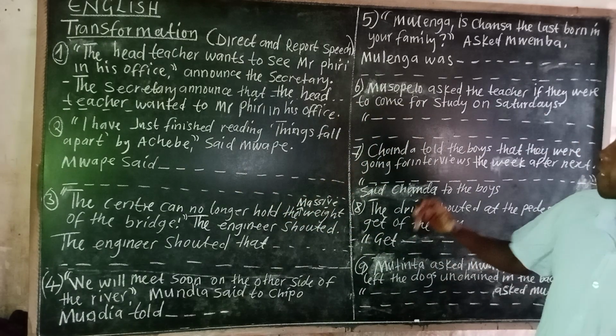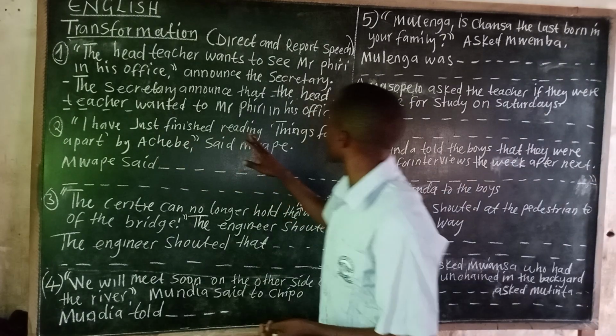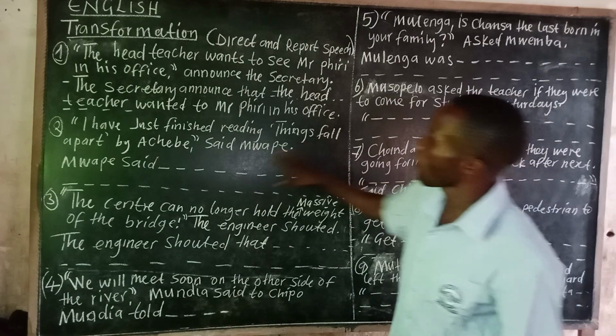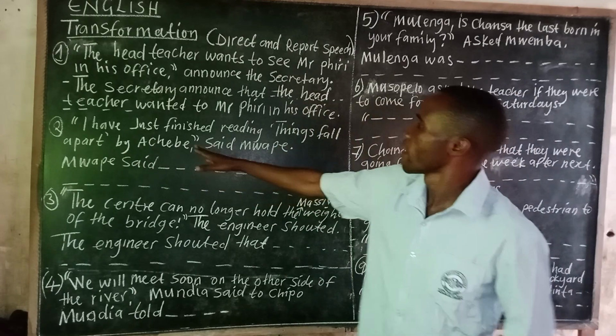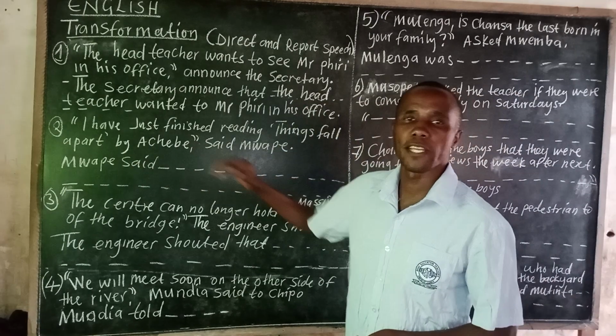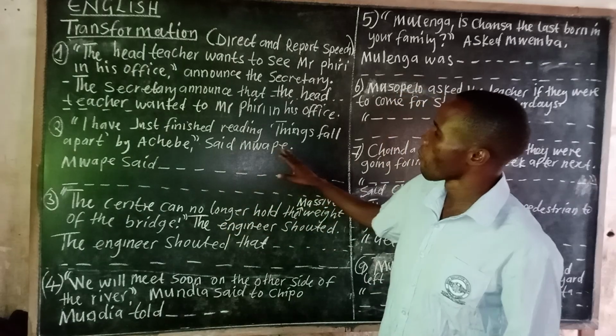That is now direct: "I have just finished reading Things Fall Apart by Achebe," with inverted commas, then a comma, said Mwape.